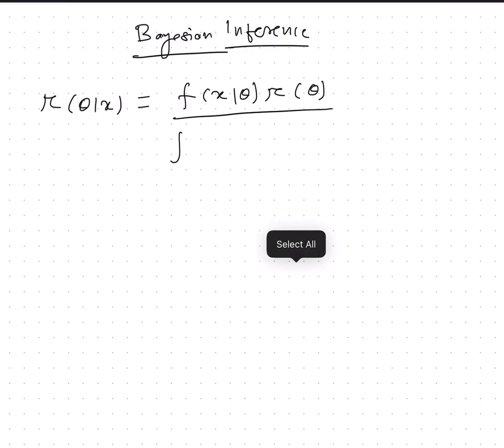In the denominator we have the marginal density, that is the integral of f of x given theta dash times pi of theta dash, d theta dash.